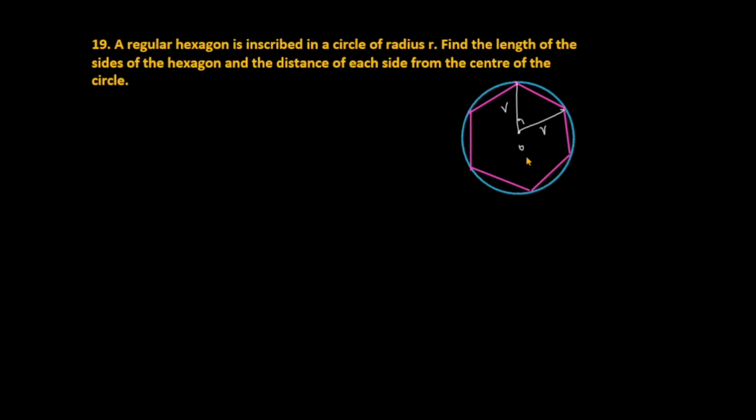And what about this angle? We know how many triangles we can get? That is vertex A, B, C, D, E, F. So each vertex joined with the center, we will be getting 6 triangles.